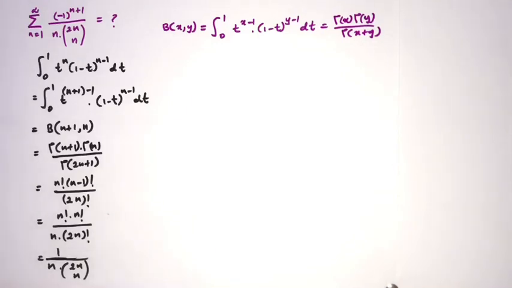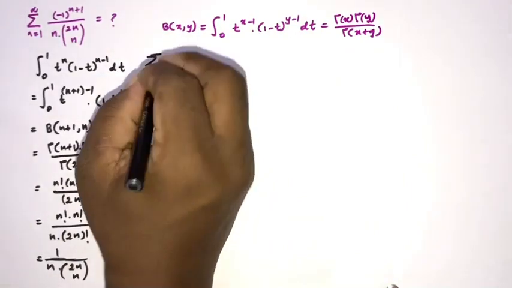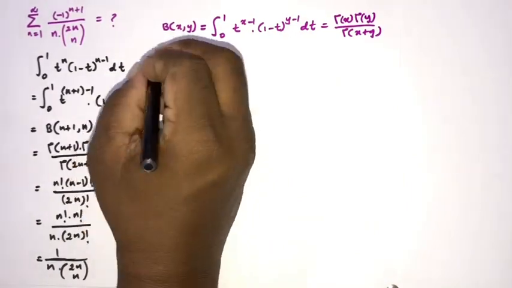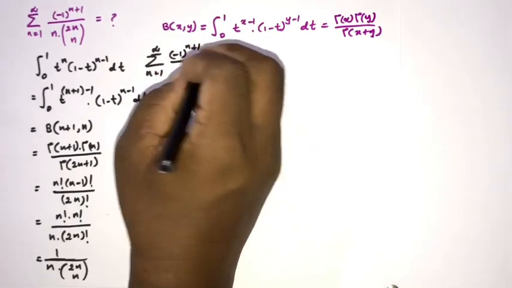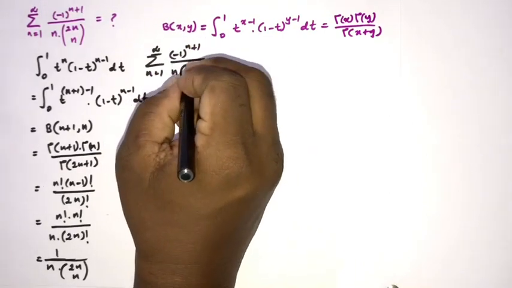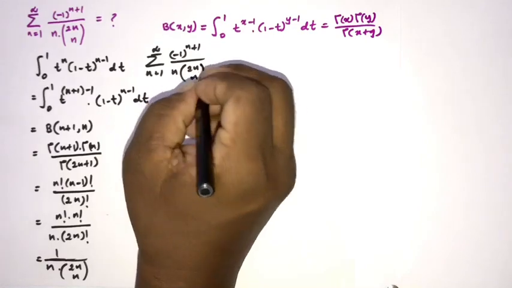Now we can take our summation, n equals 1 to infinity of (minus 1) to the n plus 1 over n times 2n choose n.